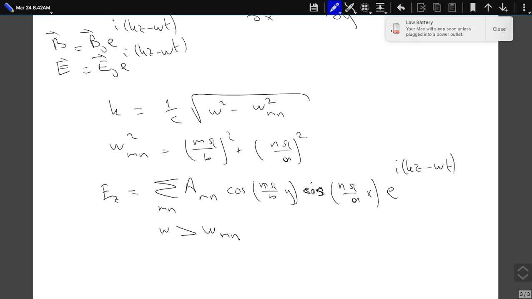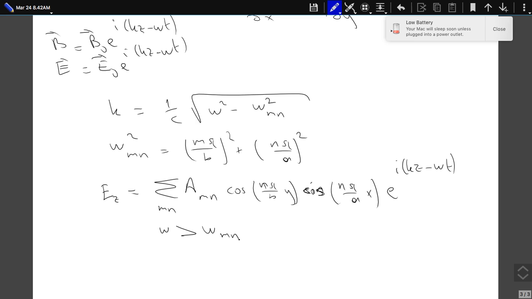What happens if you send a wave omega that doesn't satisfy this condition? k just becomes imaginary, and the wave doesn't propagate in the z direction, it just decays exponentially. Then you can define a skin depth, so it will penetrate only that distance, and beyond that distance there won't be any wave in that mode.